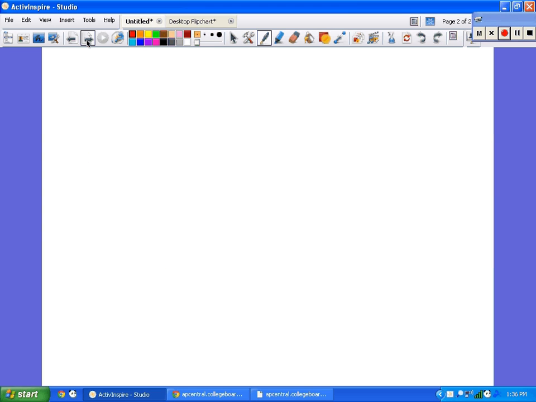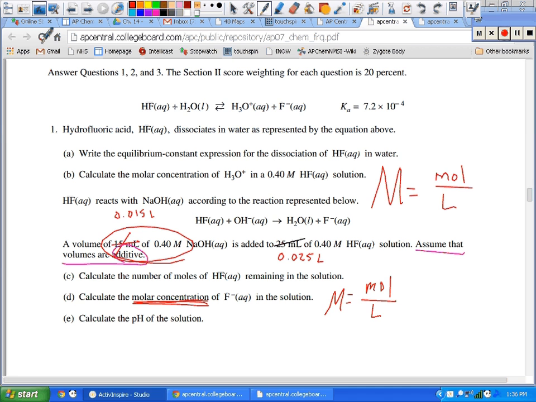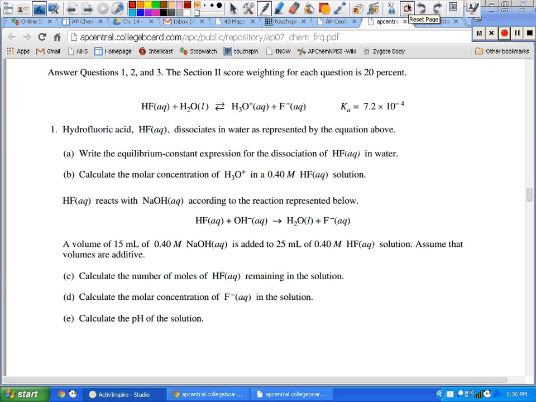Hold on, let me go back to this. What was the key thing? Remaining. Calculate the molar concentration of F minus where? In the solution. And the problem was, and I've already mentioned it, what do we call NaOH since it ran out first? That's the limiting reactant. So that's what you're going to have to use to convert.